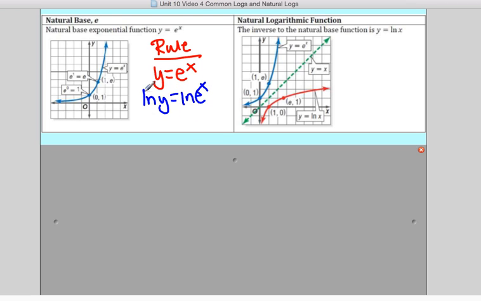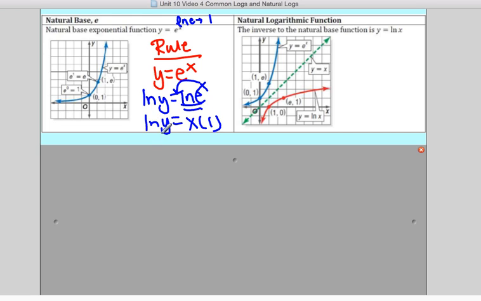I'll have natural log of y equals. Now, natural log of e allows me to put my x down in front, so I'll have x. Now, natural log and e are inverses, so they cancel each other out. They're equal to 1. So I'd really have x times 1, so there's that.